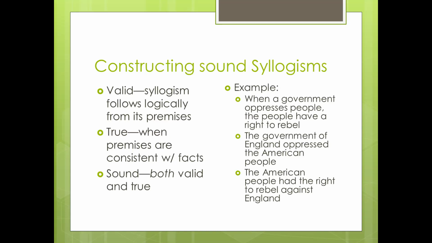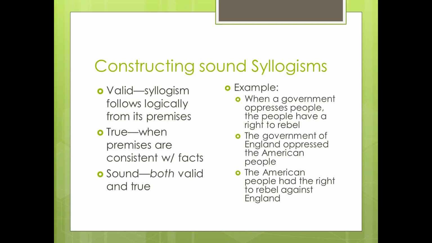Now, there's a difference between just constructing a regular syllogism and a sound syllogism. A sound syllogism must meet some specific criteria. Number one, a syllogism must be valid. It must flow logically from its premise.